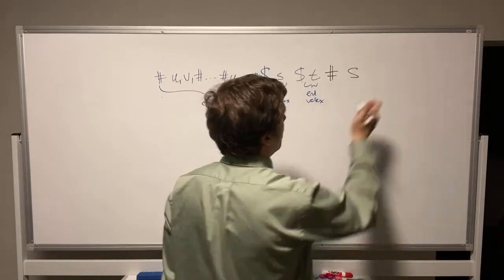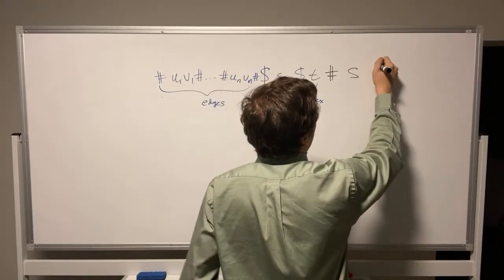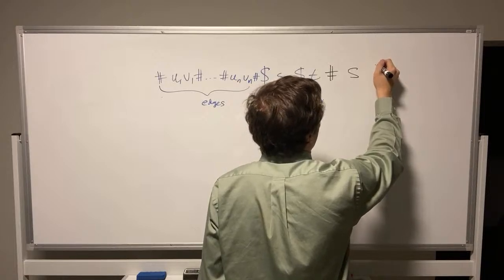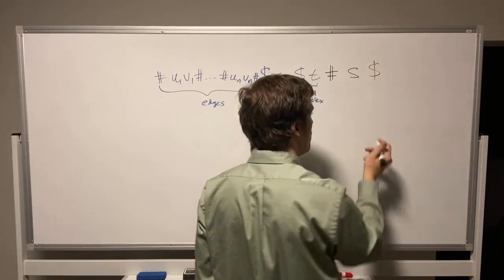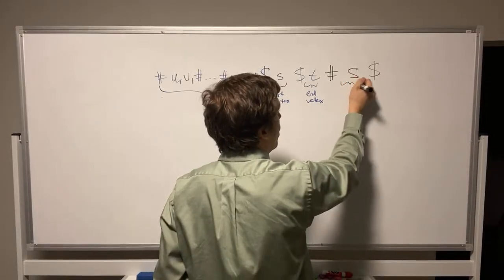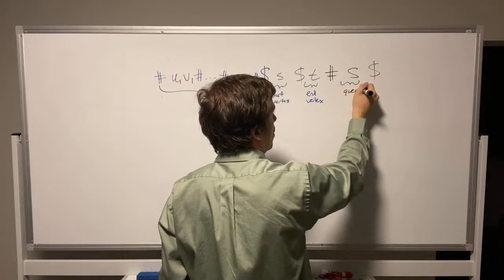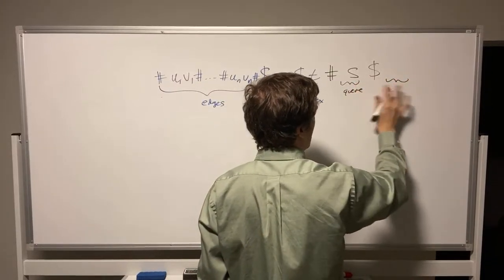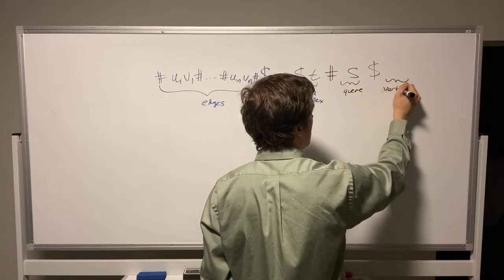So I'm going to have the dollar sign be the delimiter, so here's where the queue part is. And here's going to be the vertices that have been seen.